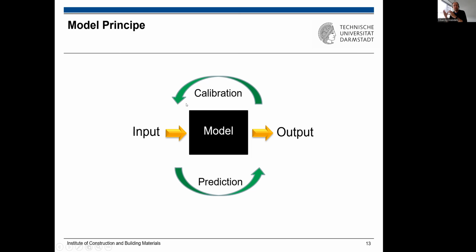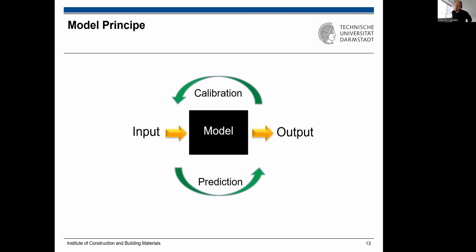You need output data, experimental data, to calibrate your model, and then you can do prediction, which is very important because this will increase the quality of your predictions. So you can see the calibration more or less like this. I draw this model in black, because many models are black boxes.